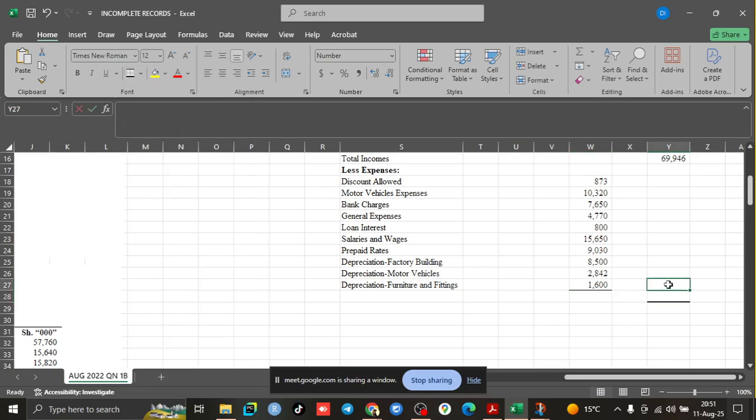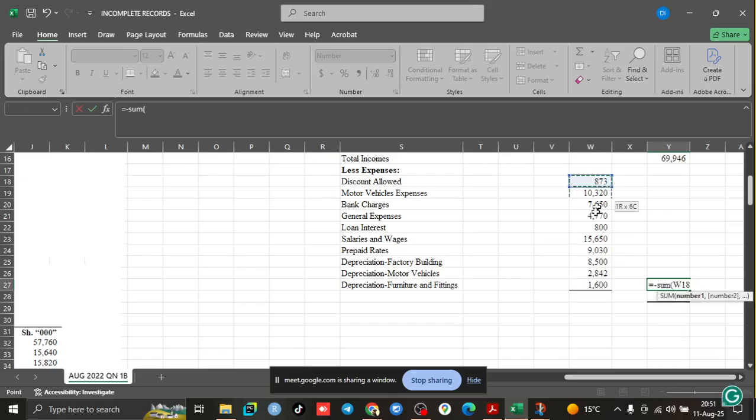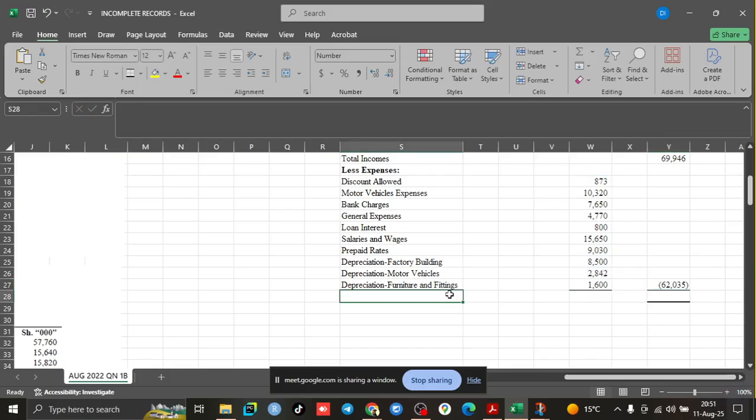So sama hizi expenses zote, net profit equal gross profit minus these expenses. Gross profit minus the expenses there, 7911.